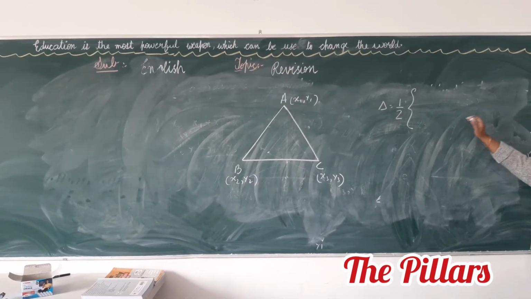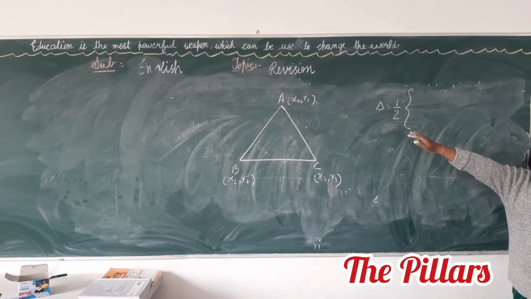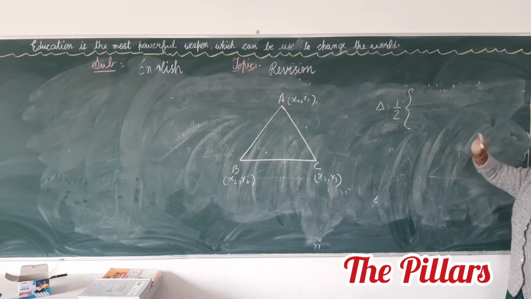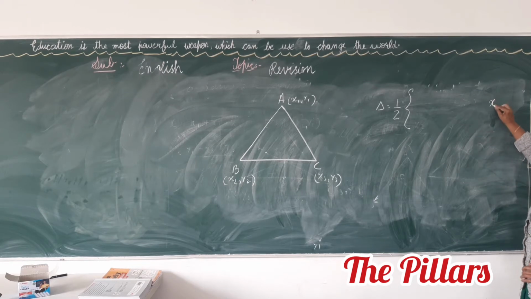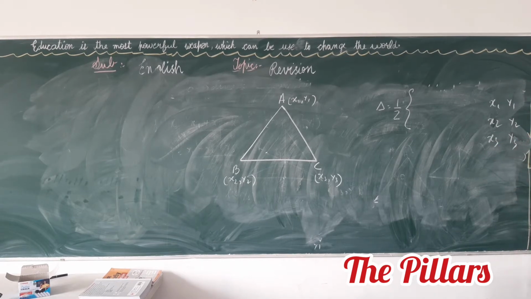See, to find out the area of a triangle, you need not learn it. You write in your copy. To this side you write x1, y1, x2, y2 and x3, y3. Write like this. Written? Yes, ma'am.